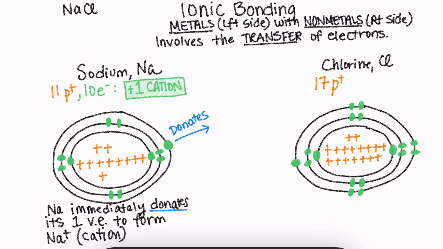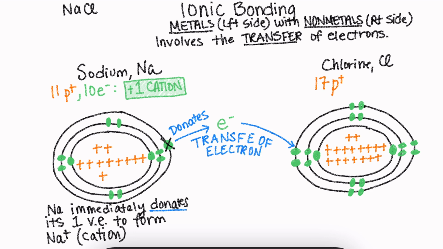The electron from an atom like sodium will be donated to a greedy atom like chlorine, and chlorine will get an extra one, and sodium will lose its because it donates it. So we call this a transfer of electrons. In this case, there was just one that got transferred, right?